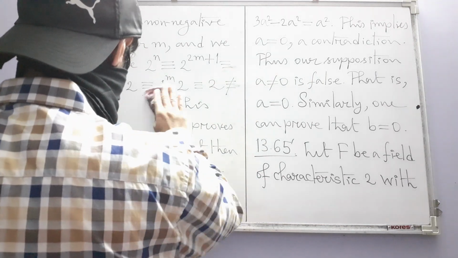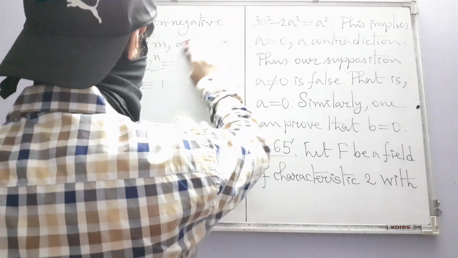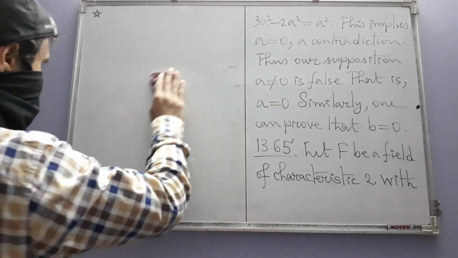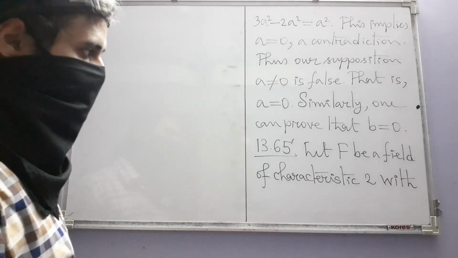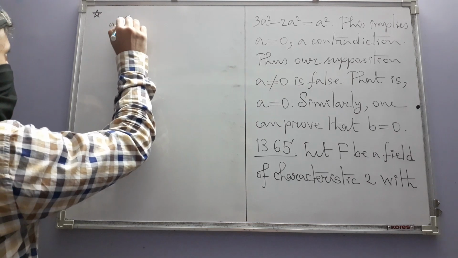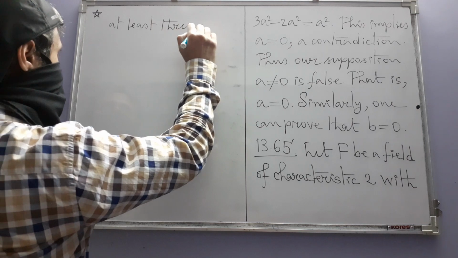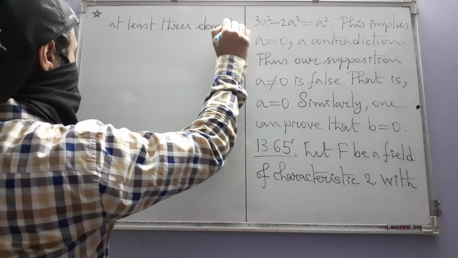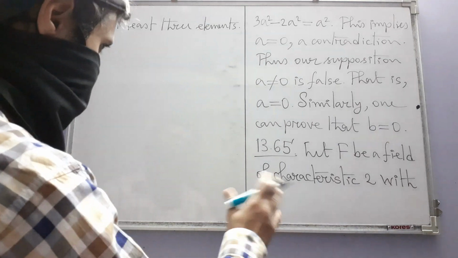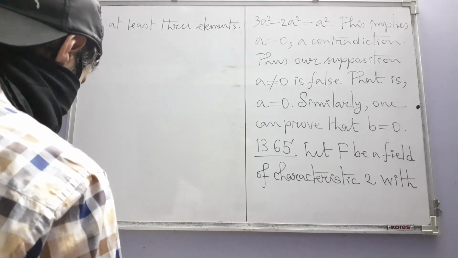So that means already any field must have at least 2 elements, and they are the 0 element and the unity. But it's given that our f has at least another one. At least 3 elements. Well, more than 2 elements, but at least 3 elements, same thing. The meaning is same.